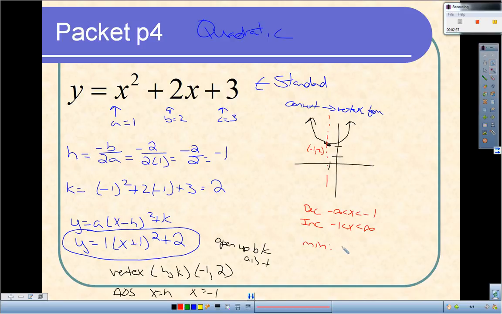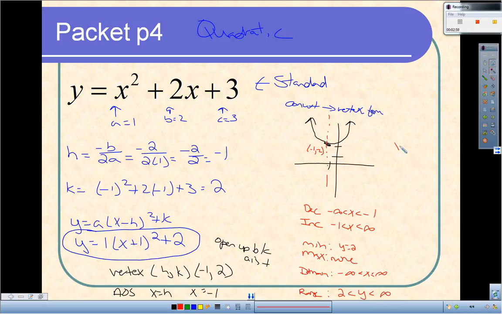My minimum is 2, y is equal to 2, right there. It doesn't have a maximum, so no maximum. The domain is all real numbers, so from negative infinity to positive infinity. And my range, my lowest number is 2, so from 2 to infinity.